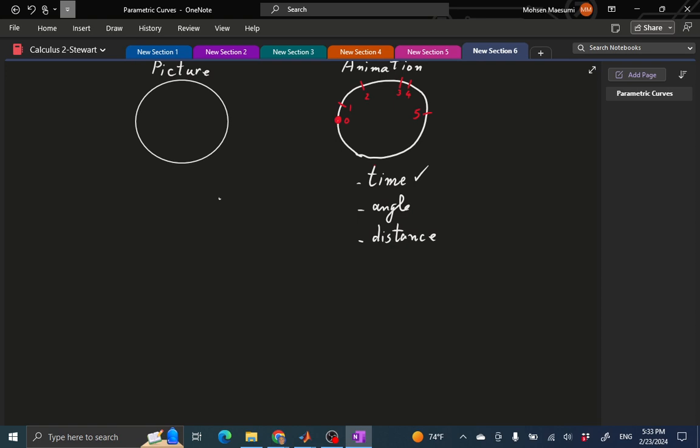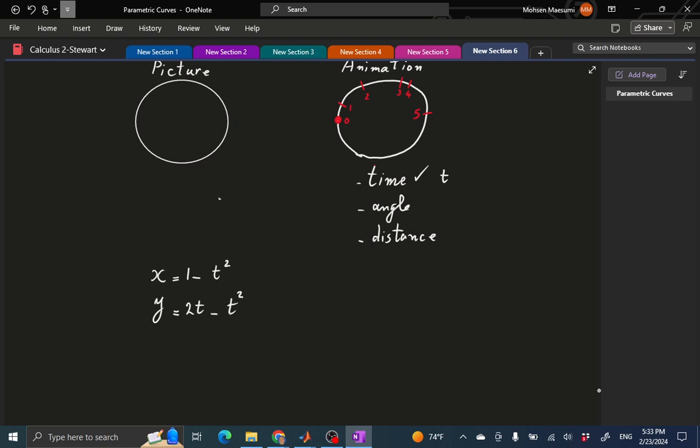Best way to approach this thing is to perhaps do some exercises. So suppose we say x of a location of an object or a particle is given by say 1 minus t squared. So we are using time t, and the location y for the y coordinate of an object perhaps is given by 2t minus t squared.